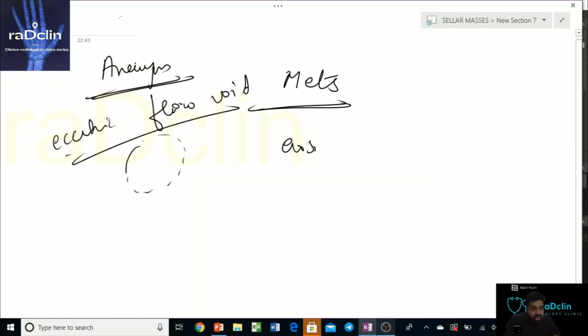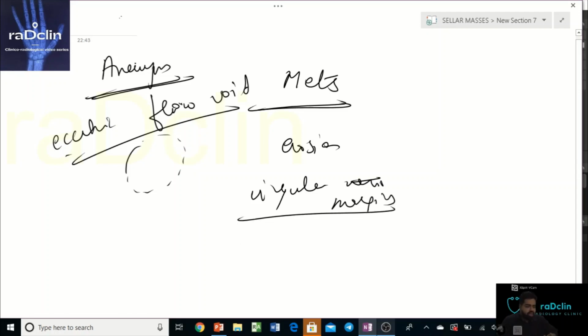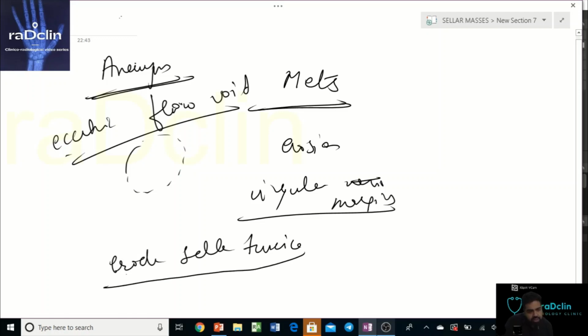It will have irregular margins, and most importantly it will grow rapidly, and it won't have any time for expansion or for causing remodeling of the sella turcica. It will directly erode the sella turcica. That is very important. That's why the bony involvement is very important while we are suspecting sellar lesions.